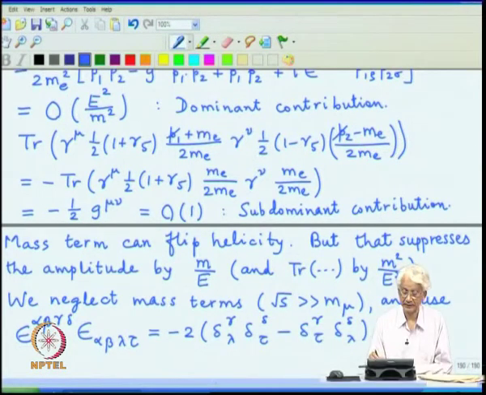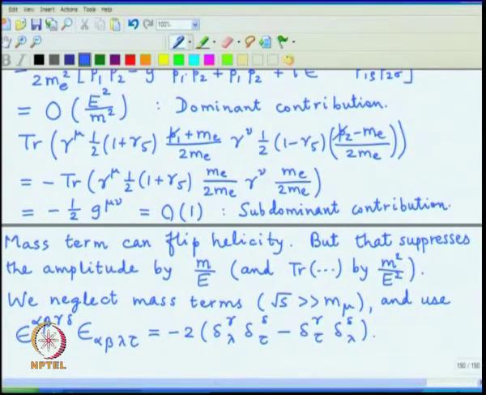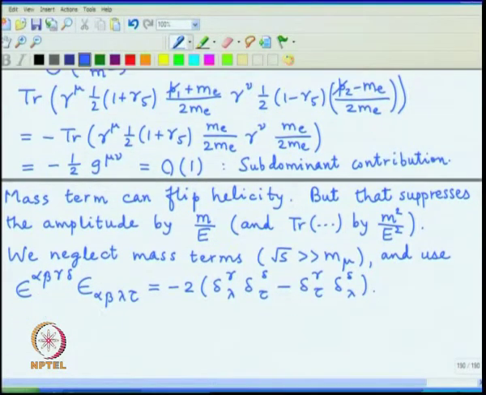So, this is the result, and then one has to now just contract two of these traces together. The part of the trace which does not involve the epsilon actually has the same structure as what we dealt with before. It is symmetric under interchange of p 1 and p 2, and it has either the indices on p 1 and p 2 or a g mu nu term. So, we can just take the previous result and write it down in this particular context.